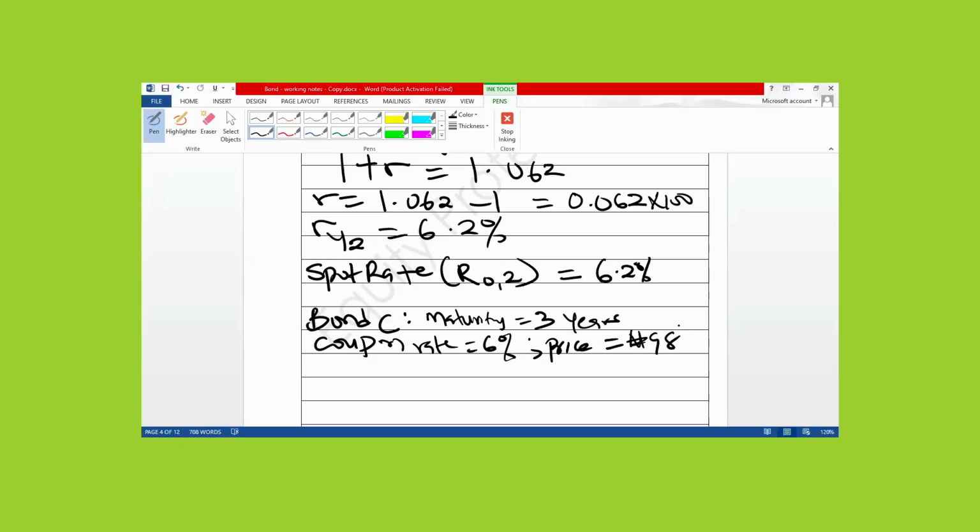Now let's get the expected cash flows from bond C.